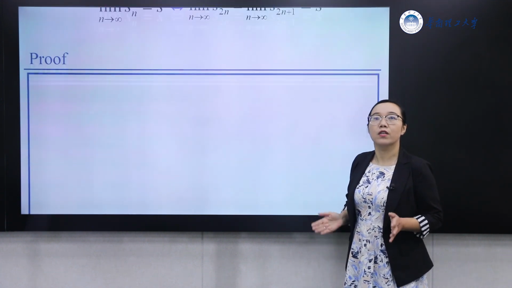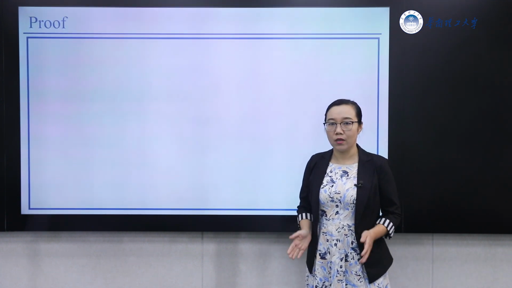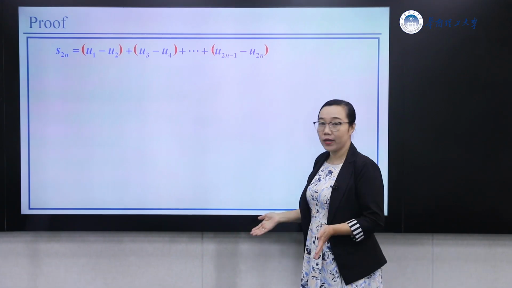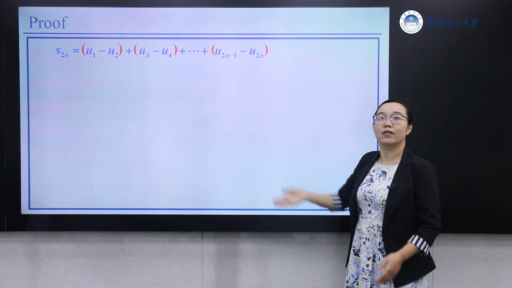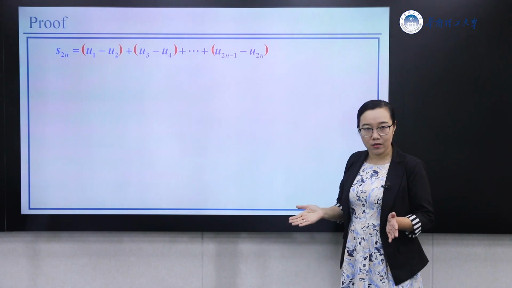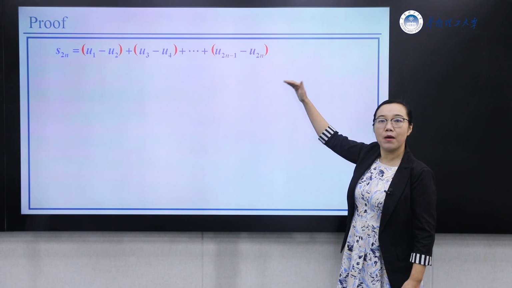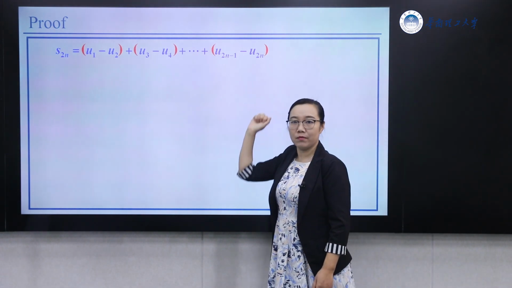Next, prove the theorem in theory. S2n equals bracket U1 minus U2 plus bracket U3 minus U4 plus up to bracket U2n minus 1 minus U2n.